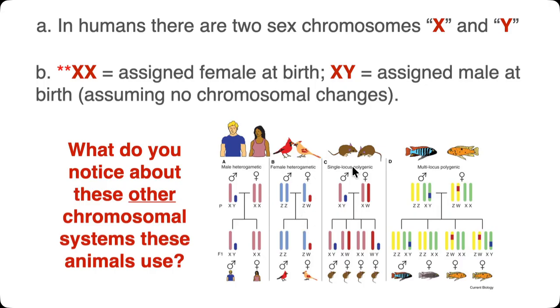Here's another interesting one with mice. Some organisms don't just have two sex determining chromosomes, they have 3 or more. So this one's 3. And so again, in order to be male, this mouse has to have an X and a Y. But if you have a Y chromosome, that doesn't mean that you're male.